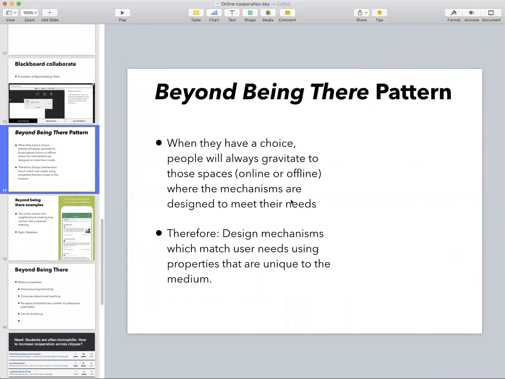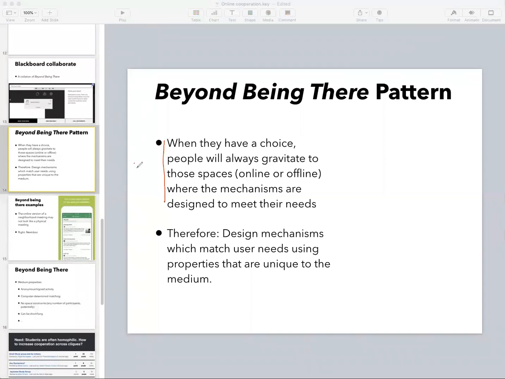As a final note, I want to just describe this in some more formality. Here is the pattern drawn up. Here is the frequent problem. The frequent problem is that given a choice, people will gravitate to those spaces, whether they be online or offline, where the spaces have mechanisms that are designed to meet their needs.